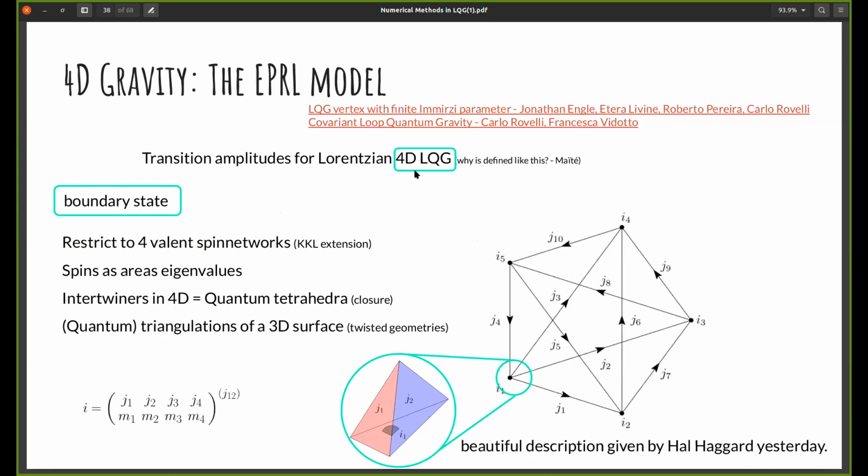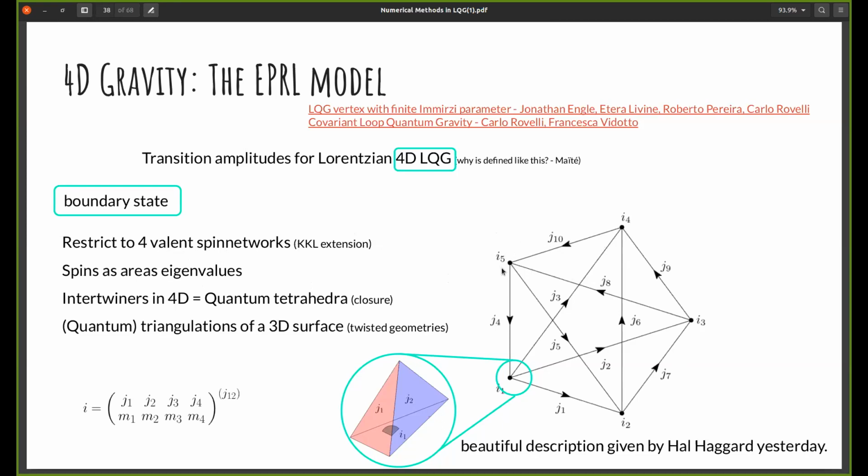So in 4-dimensional loop quantum gravity, spins are area operator eigenvalues. You have a spin network, there are spins associated to links, and these spins correspond to area operator eigenvalues.